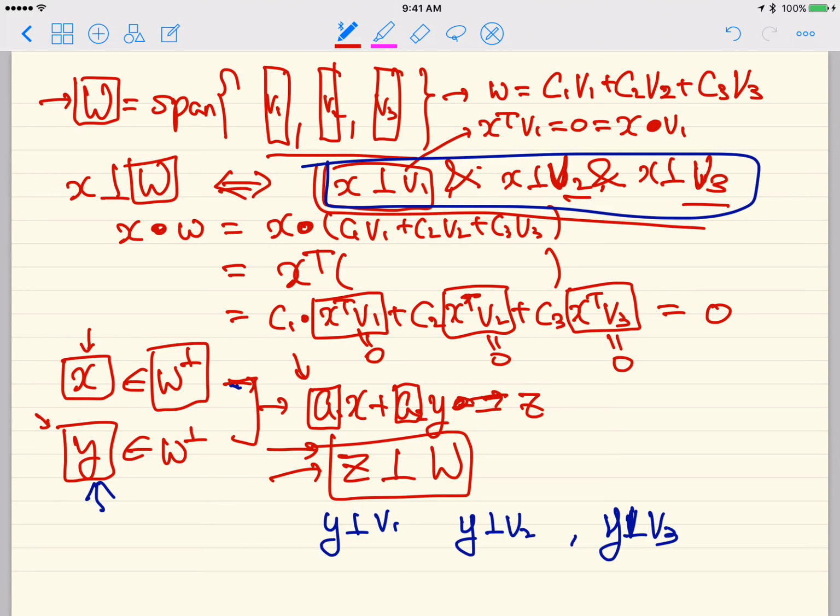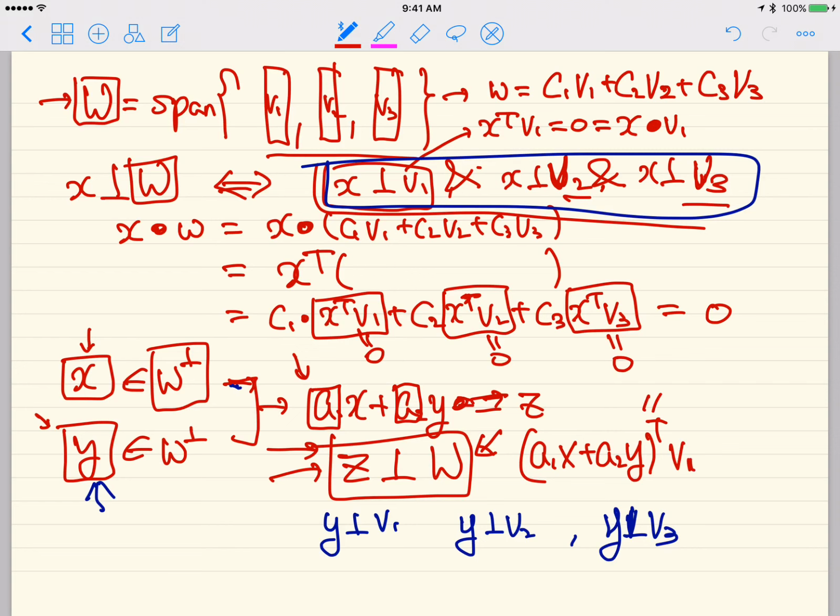So for a1 x plus a2 y, let's think about its inner product with v1.